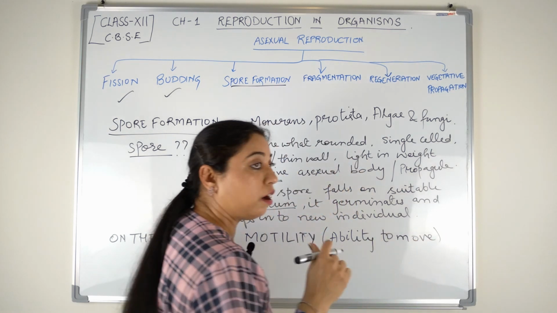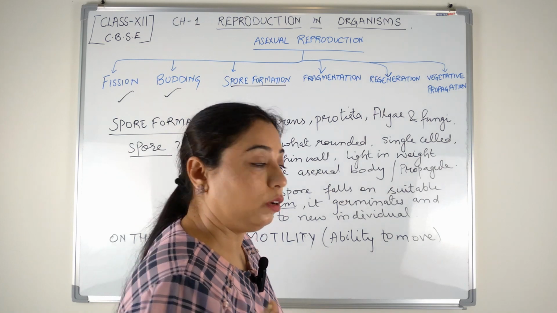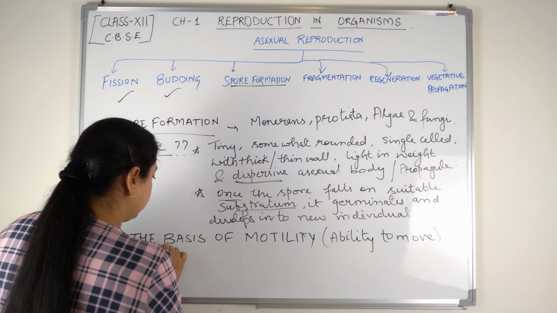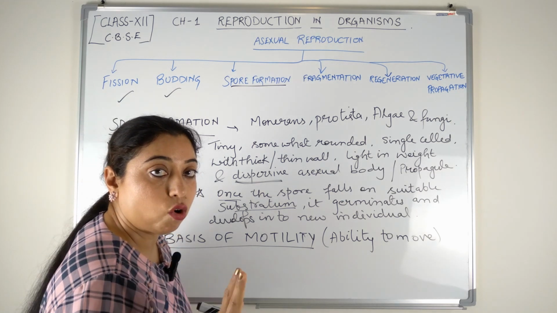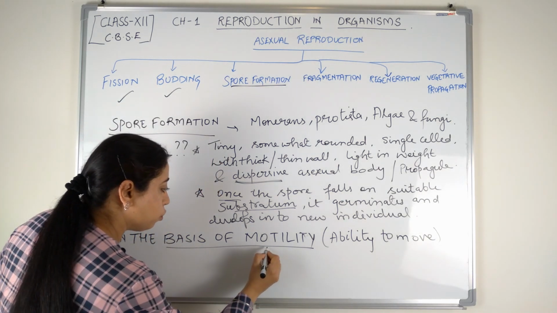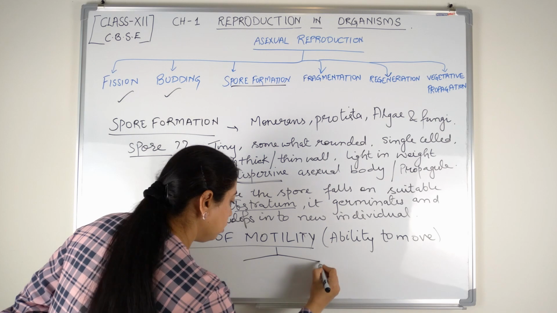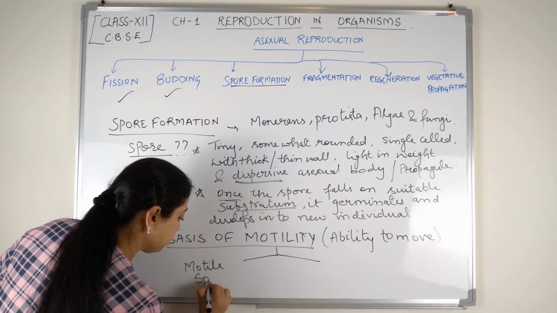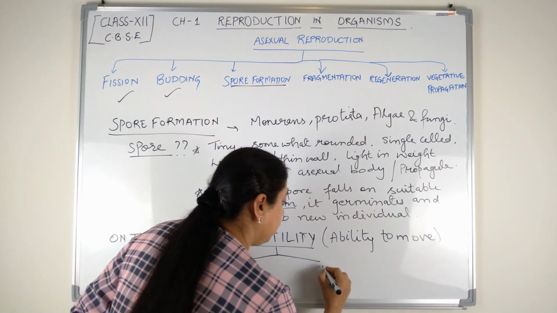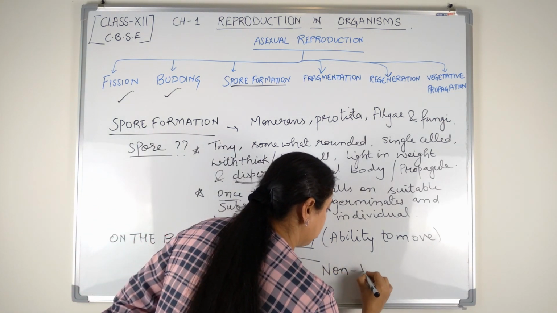Whether the spores are motile or non-motile. On this basis, there are two categories of spores. So we have motile spores and non-motile spores.